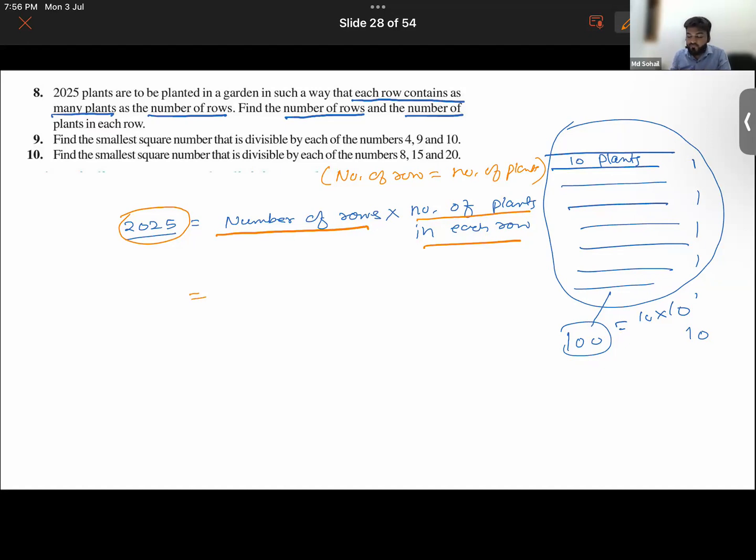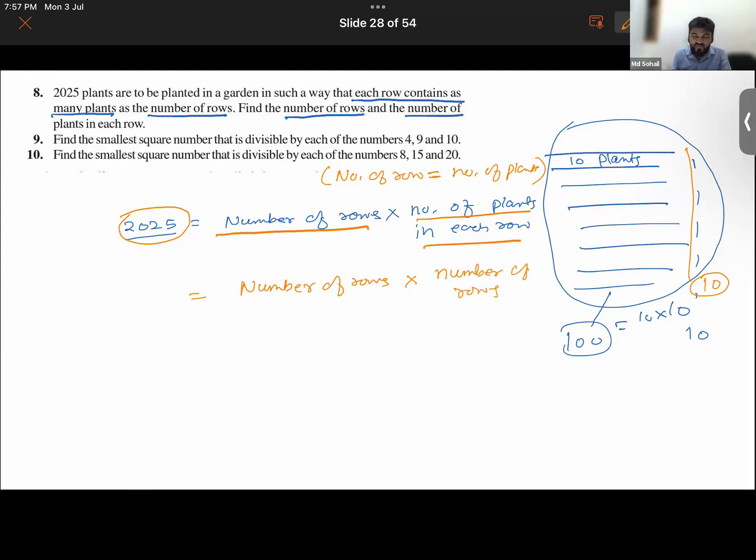Right, guys? See this question as well. There were 10 rows in this one. I have taken 10 rows and I am planting 10 plants in each row. So can we not say they are equal? The number of rows and the number of plants in each row is equal. So we will just write number of rows multiplied by number of rows.